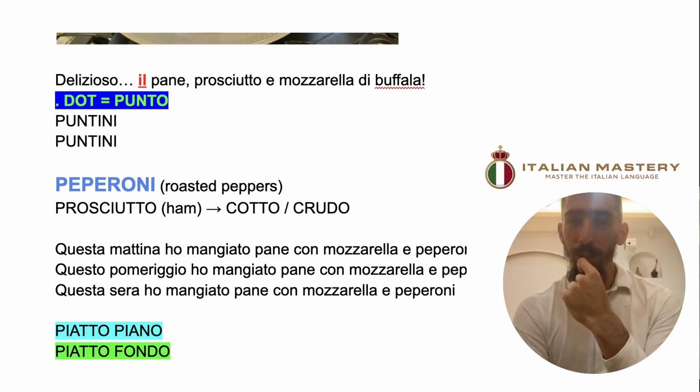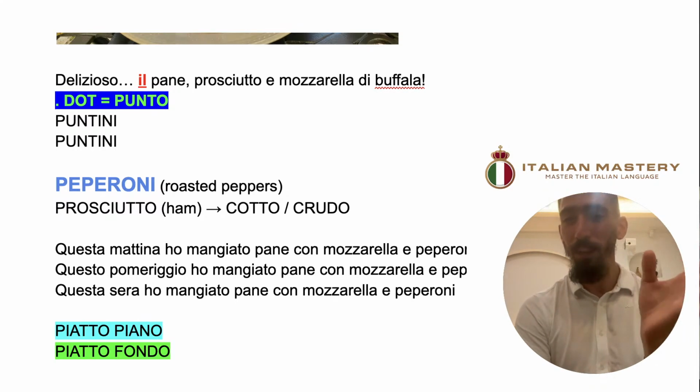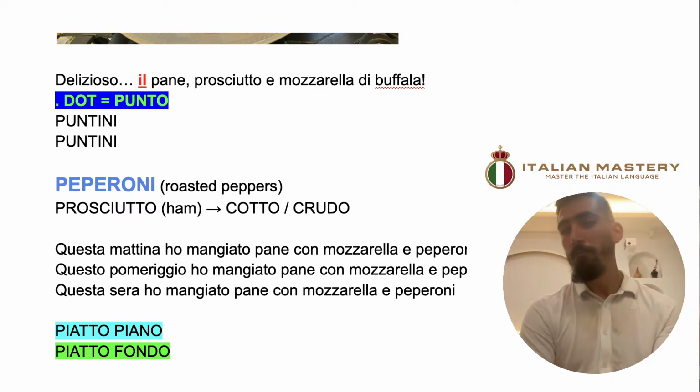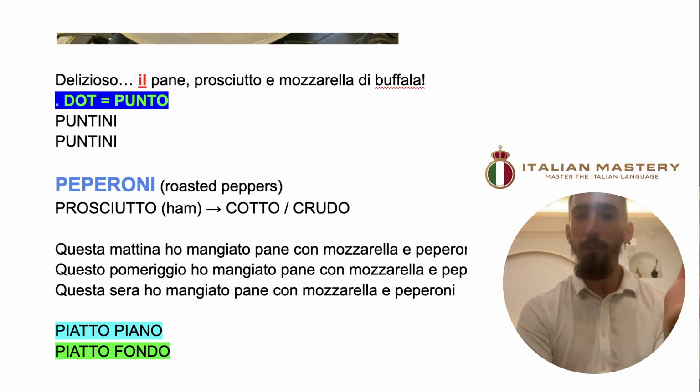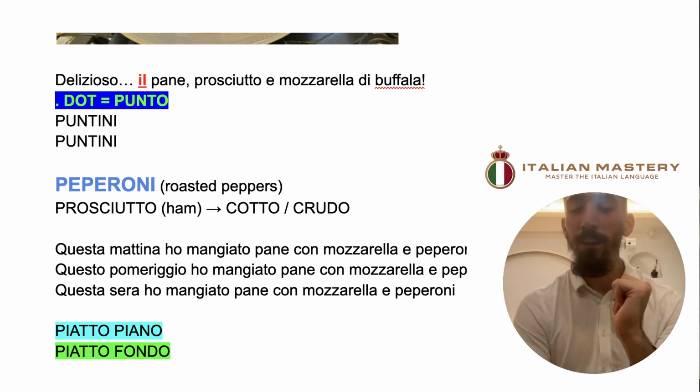So send an email to Italian Mastery with a pizza or some pizza related photo, and the best photo is going to be used for next session. And indeed, pizza is super common, and there's probably a lot of examples that can be easily formed on the fly next time when we talk about it.